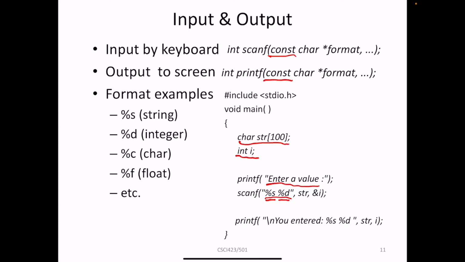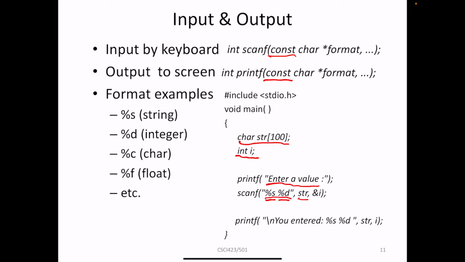However, the following parameters have to be pointers or addresses that can help the program store the input values to some memory space. For str, it is already a pointer which points to the beginning of a string.